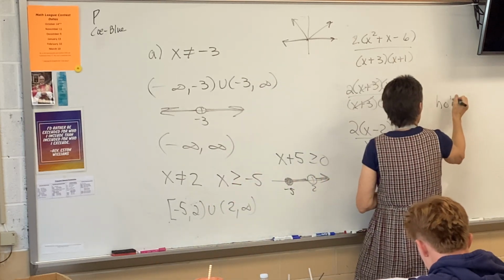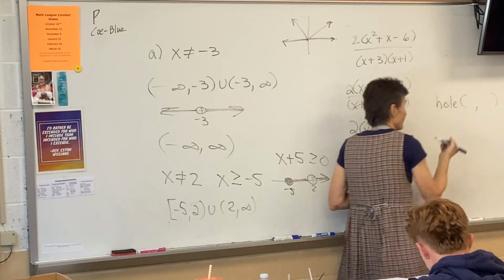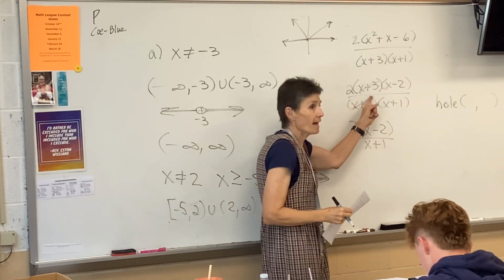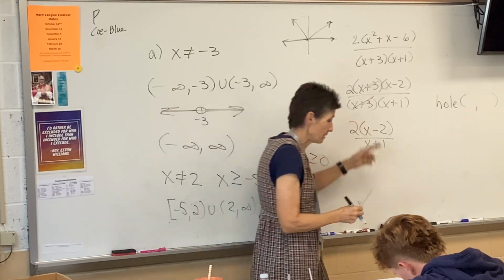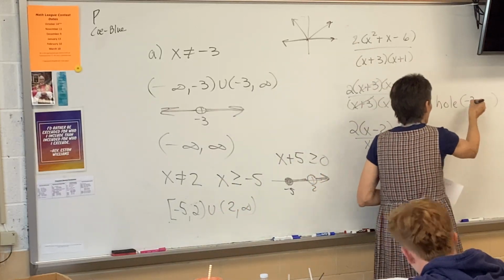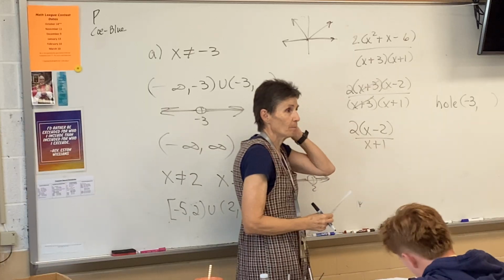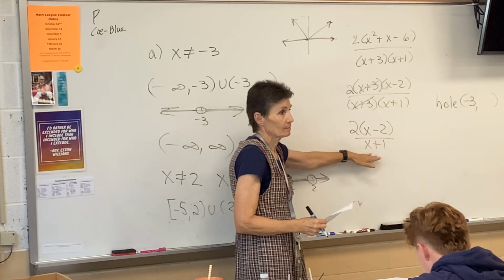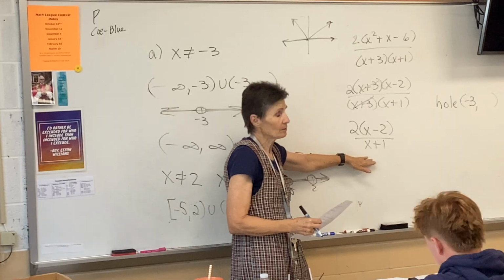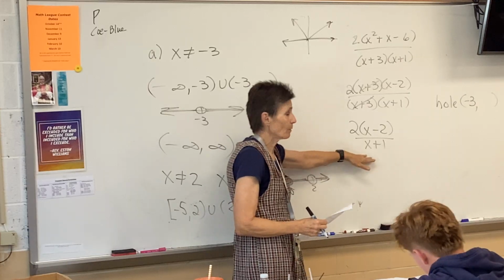You're definitely going to have a hole, which is a point, and the x of the point will be -3. And how will I find the y of the point? Plug in -3 right here. Don't go back and do it in the original, you're going to have problems, so do it right here.